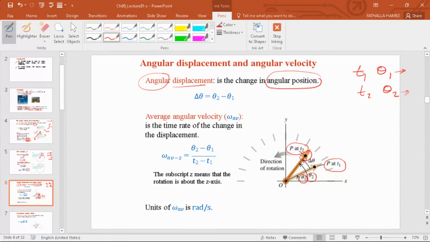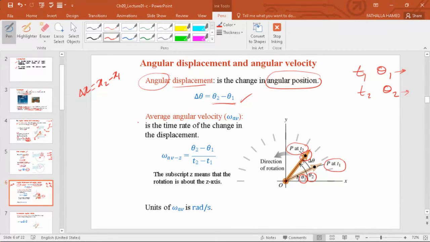The angular displacement will be delta theta, which is theta 2 minus theta 1. In chapter 2, we said delta x is equal to x2 minus x1. But here, we're looking at the change in the angular position of the point or the particle on the rigid body, and this is what we call angular displacement.